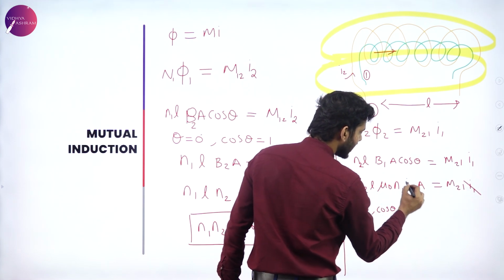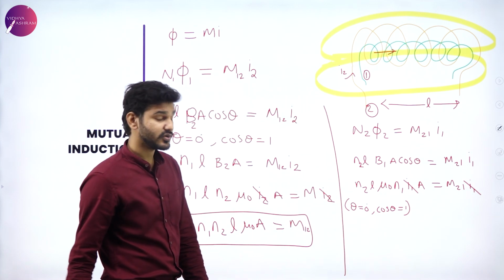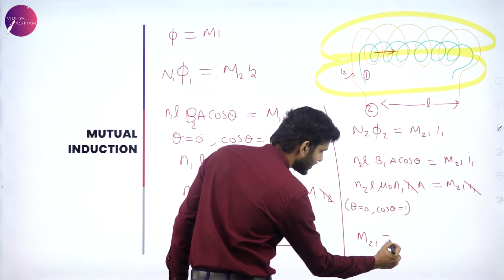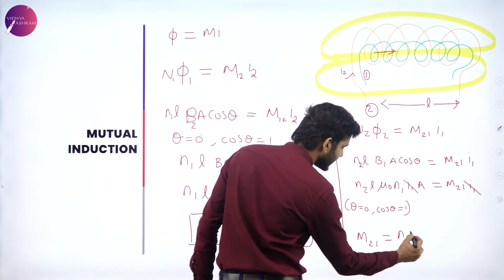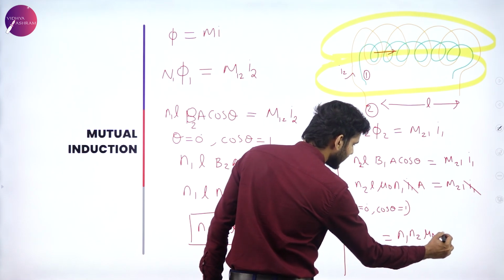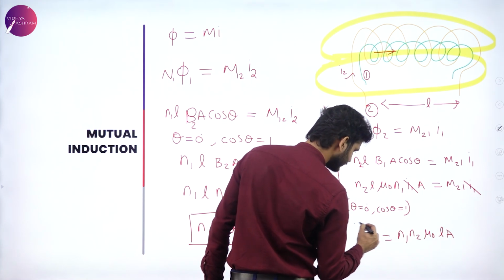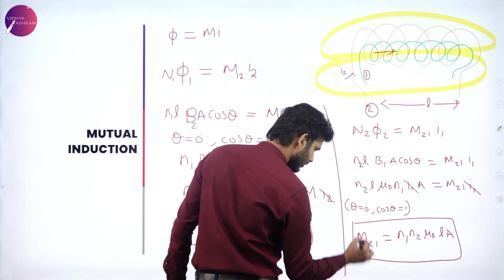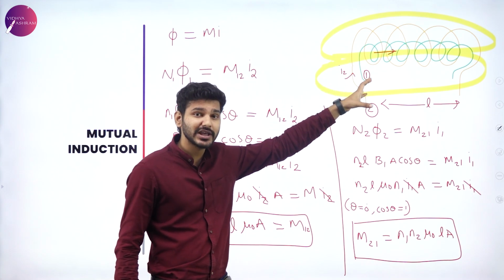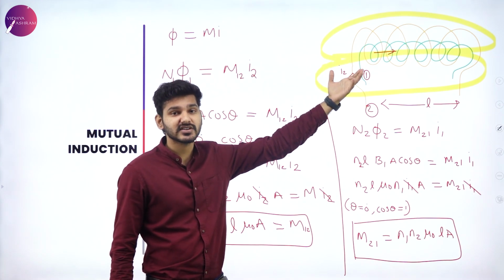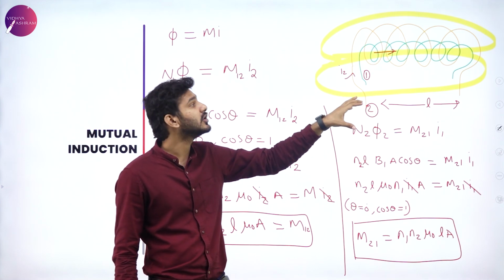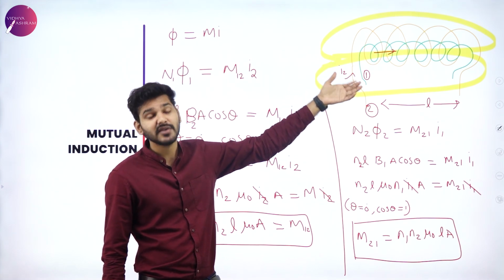The I1 and I1 will cancel each other out. So we can write it down as M21 equal to N1 into N2 into mu naught into L into A. The whole point about this equation is that a change in magnetic flux in one coil is producing an EMF on the other coil, and vice versa.